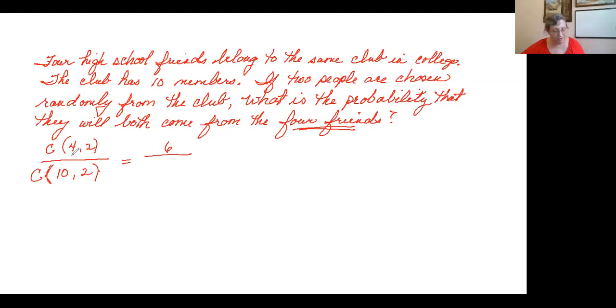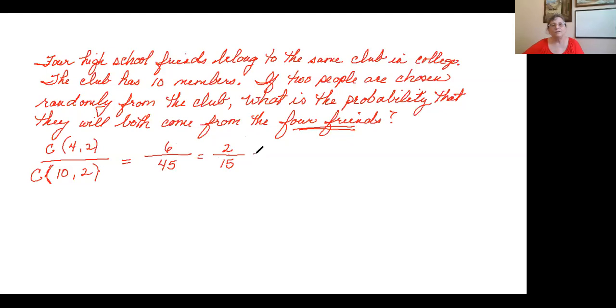And then 10 choose 2 is 45. In this case, they might leave it as a fraction. Just watch your instructions. 6 won't go into 45, but 3 will go into both of these. 3 into 6 is 2. 3 into 45 is 15.